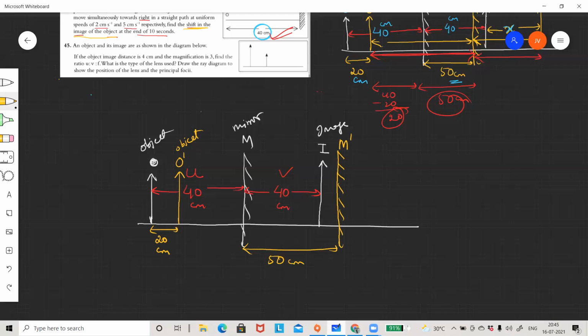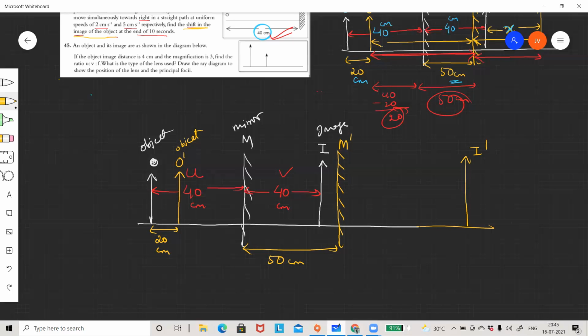Okay. Now they are saying what is the distance between the new image and the previous image. All right. The new image is formed, say for example, somewhere here. This is the new image. Okay. Now for the current mirror location also, object distance, image distance should be same.